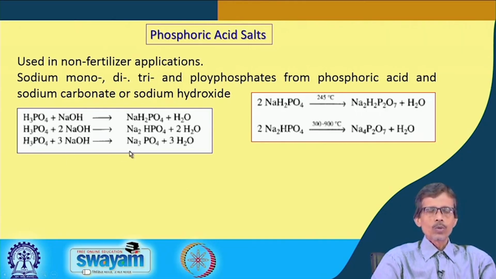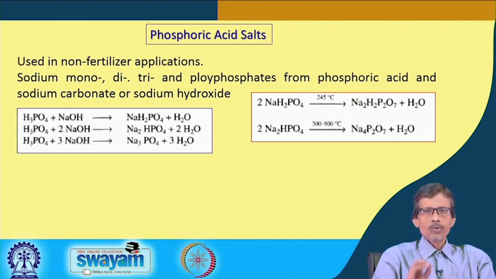When it is 1:3, we get trisodium phosphate, or typically the simple sodium phosphate, Na3PO4, where all 3 protons of phosphoric acid have been removed, and we get a typical anionic form, that means the phosphate ions present in that compound along with the sodium ions. So we consider it as sodium phosphate.